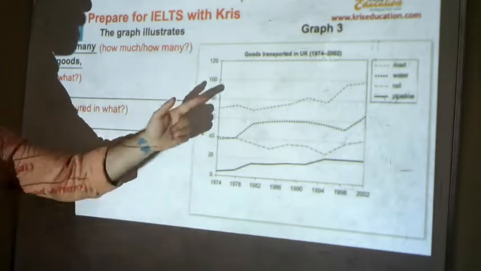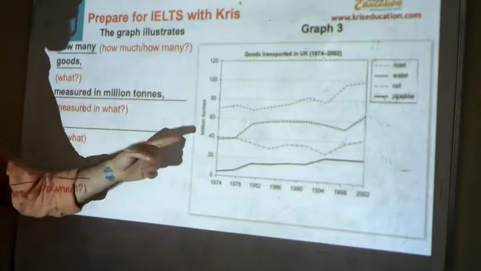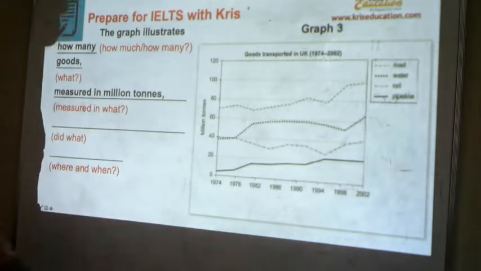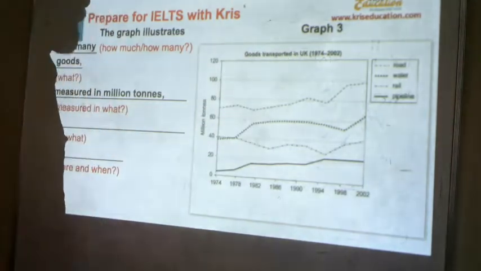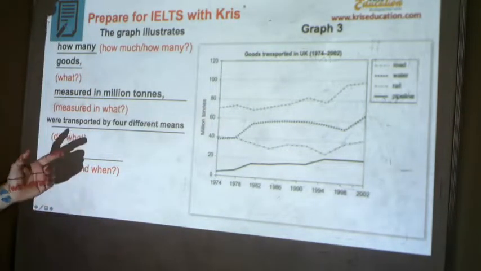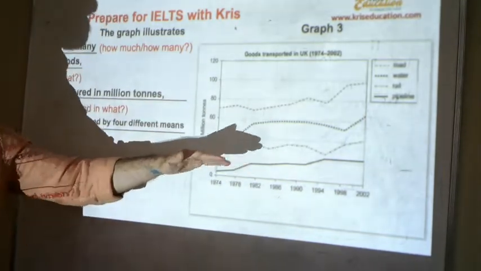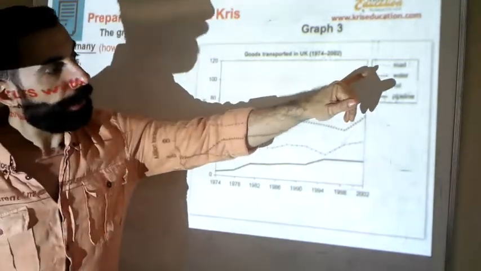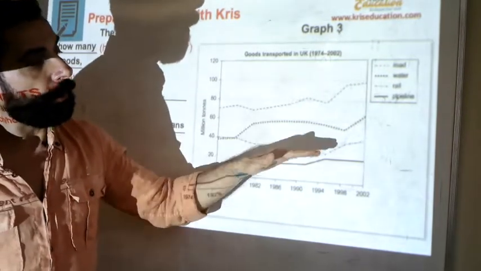Measured in what? Measured in million tons. What did the goods do? The goods were transported. Were transported by 4 different means. Again, we've got pipeline, rail, water, and road. Let the examiner know that there are 4 different lines.